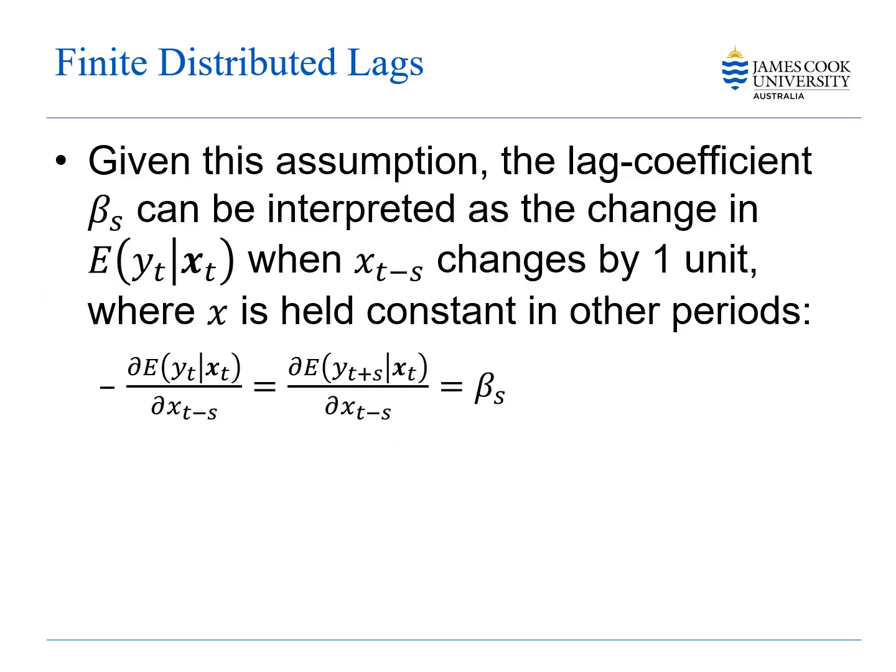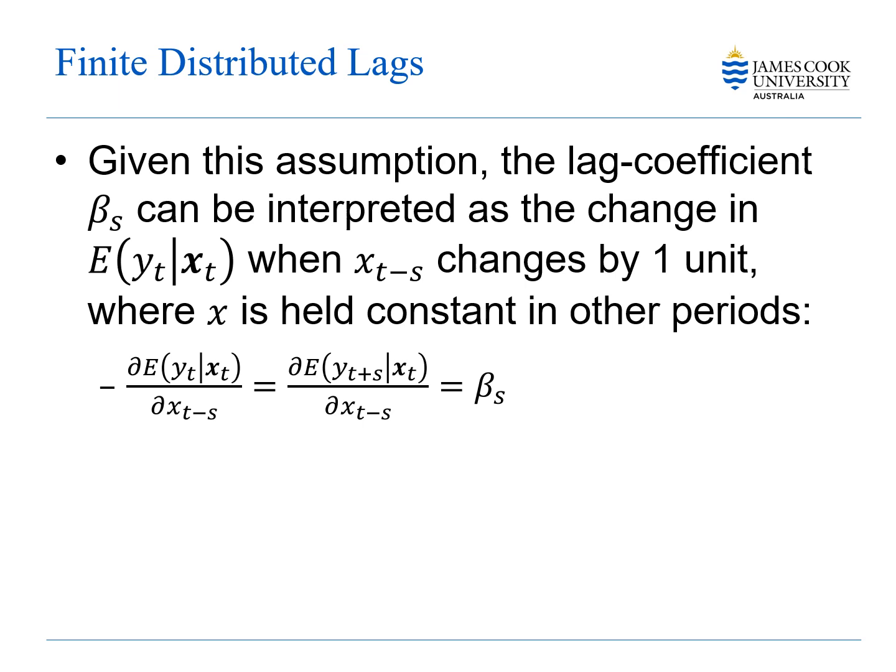So given this assumption, the lag coefficient beta s can be interpreted as the change in expected value of yt when xt minus s changes by 1 unit, while x is held constant in all the other periods.